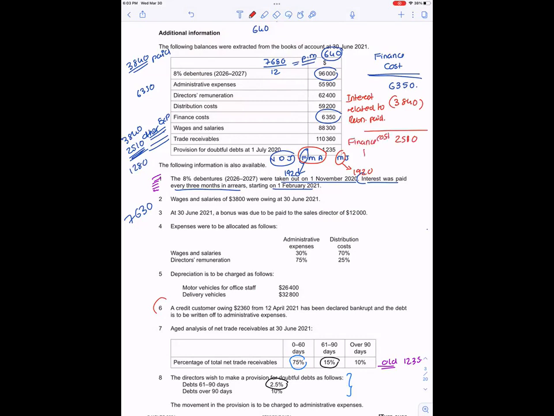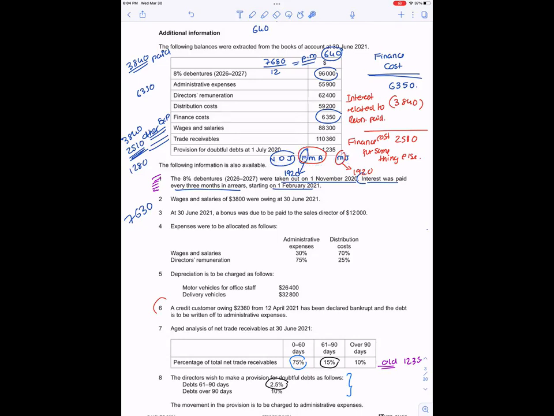Miss, from where did you get 3840? I paid in February for November, December, Jan. Then these 3 months I would pay in May. And for May, June and July, I would pay in August, which does not fall now.